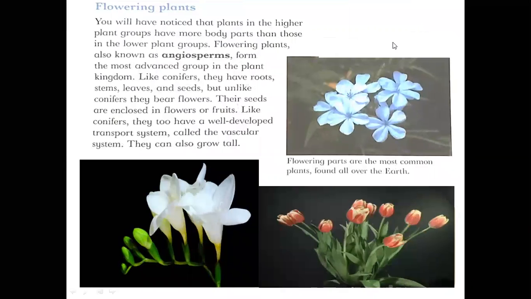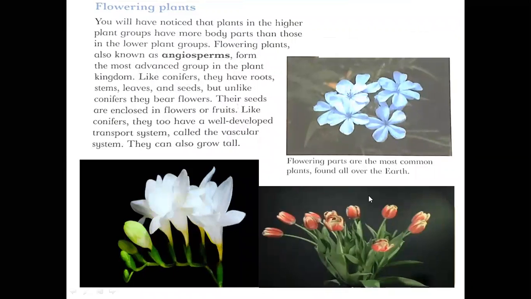Next type is flowering plants. You will have noticed that plants in the higher plant groups have more body parts than those in the lower plant groups. Flowering plants, also known as angiosperms, form the most advanced group in the plant kingdom.